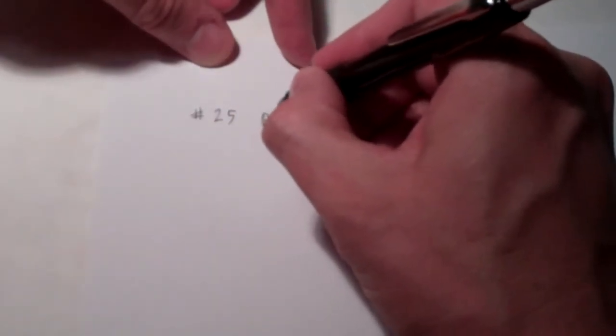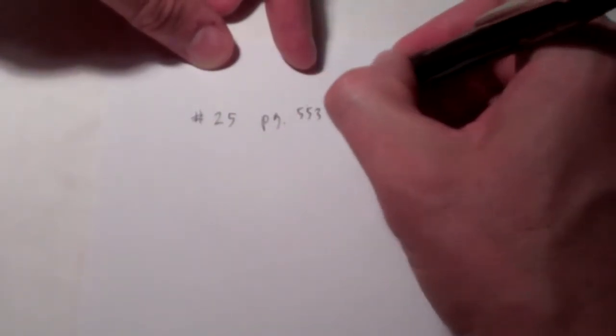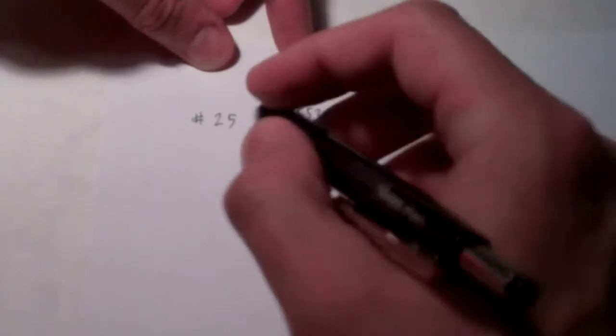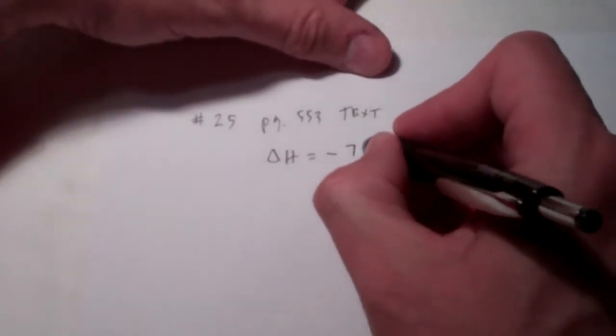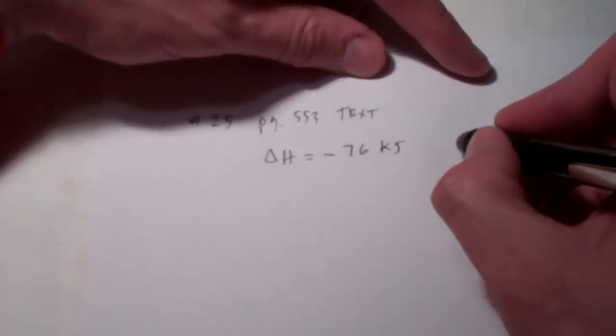So let's put this aside. We'll get our paper back in view here. And this will be number 25 from page 553 of your text. So once again, delta H is a negative 76 kilojoules.